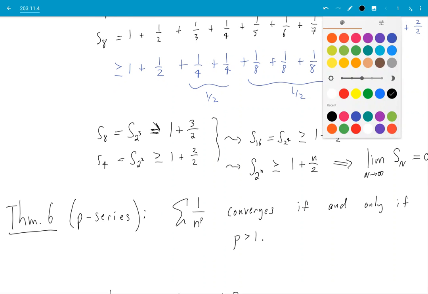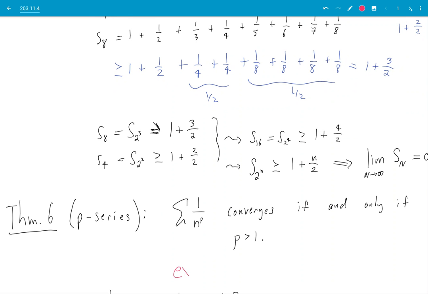So as an example, summation 1 over n to the 1.00001 is convergent.